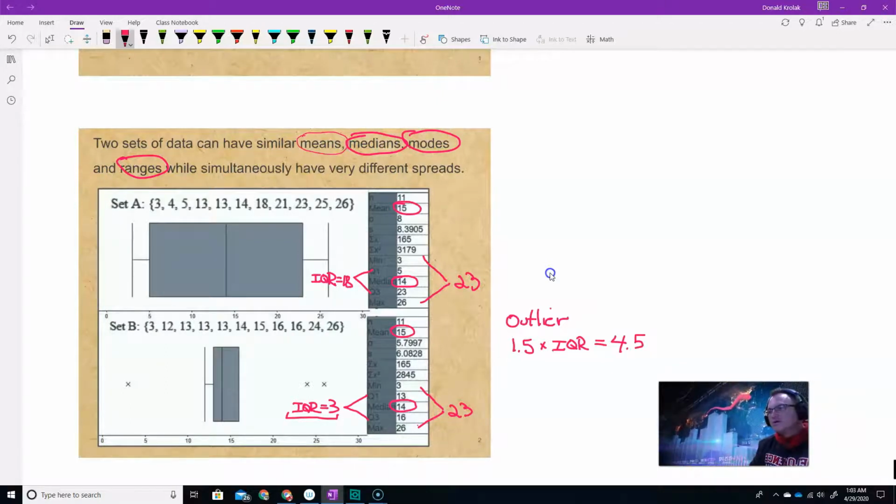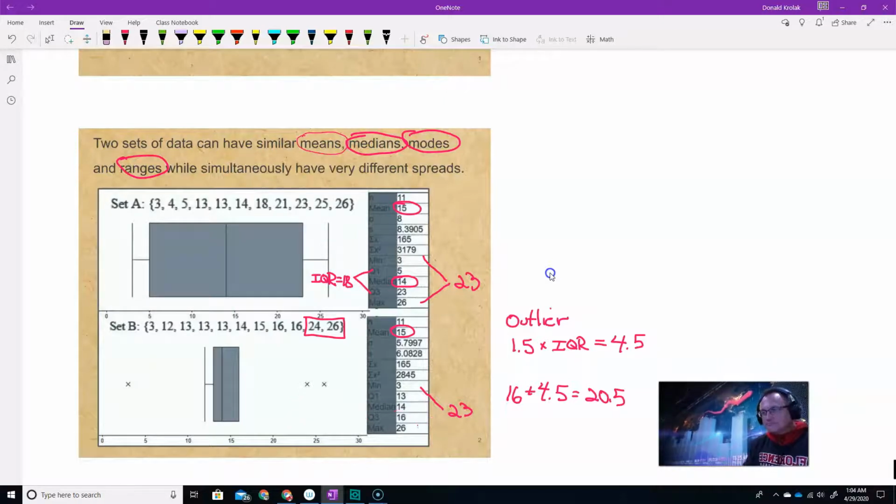So if we took this upper quartile, which was 16, and we added that, the top whisker would be anything that is less than or equal to 20.5. Well, there are none. And 16 turned out to be the upper quartile. So that's why this doesn't have a whisker on it.